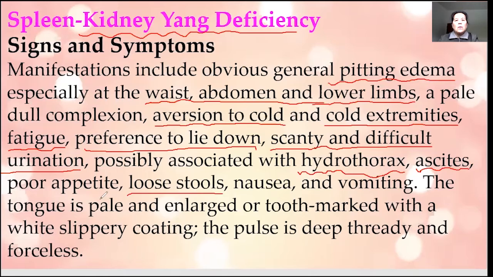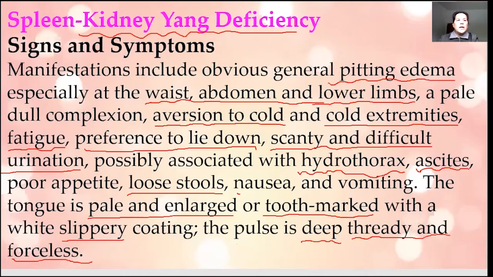Some middle jiao problems in there are possible for children, and nausea, vomiting. Tongue is pale and swollen, with teeth marks on the side. So that's truly the symptoms of water retention. Tongue coating slippery, pulse deep and deficient.